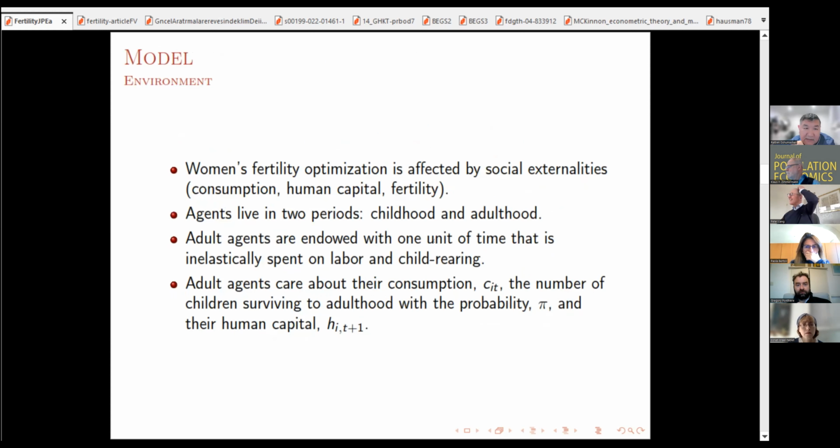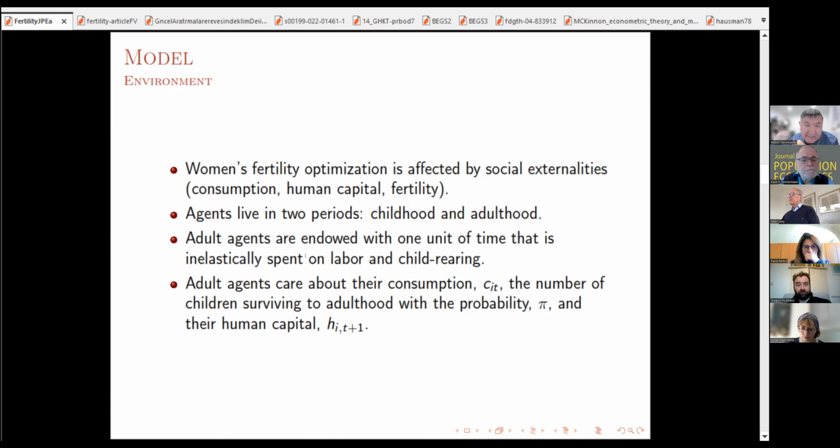The environment is quite standard overall. We have women who have to choose their fertility rate, but the only thing here is that they are also affected by social externalities, and there are 3 types of externalities: consumption, human capital, and fertility.